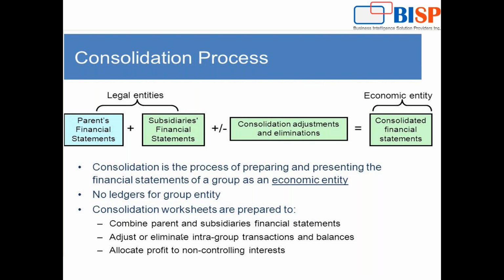So you combine the parent numbers with the subsidiaries' financial statement numbers, adjust or eliminate any intra-group transactions and balances, and you allocate the profit to the non-controlling interest and to the parent company which takes the acquisition.